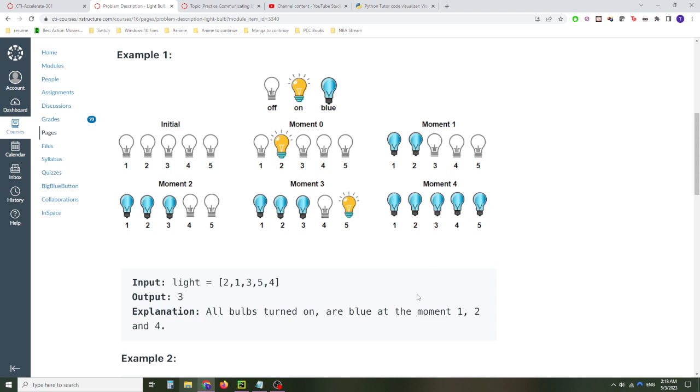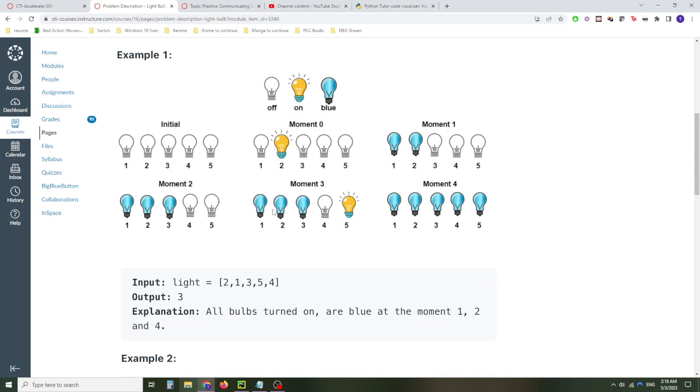And that's my understanding. And my output is I need to get the number of times when all turned on lights are blue. So moment 1, moment 2, that's when all the on lights are blue.